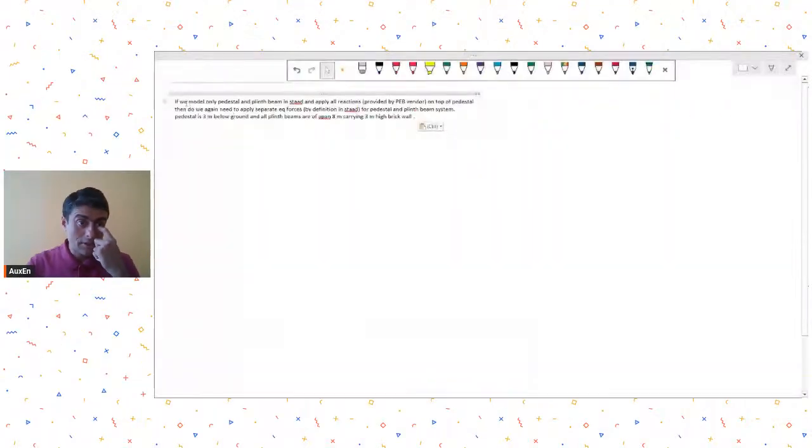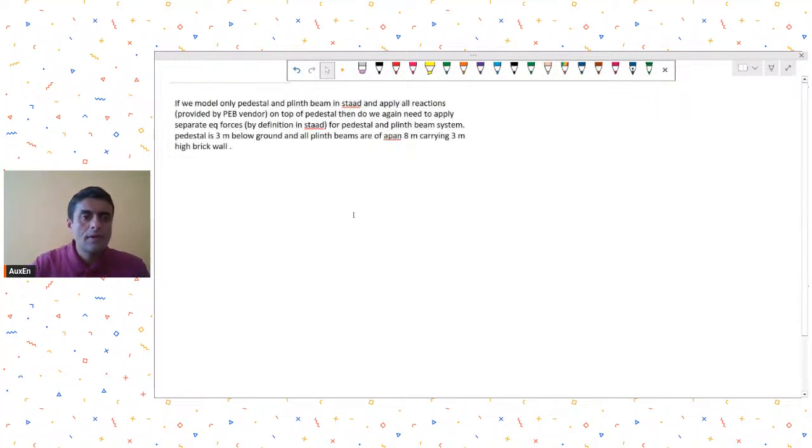Yeah, so this is his question. If we model only pedestal and plinth beam and apply all reactions on top of pedestal, then do we again need to apply separate EQ forces for pedestal and plinth beam system? Pedestal is 3 meters below ground and all plinth beams are of span 8 meters.